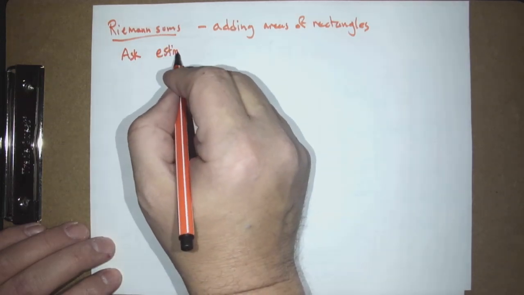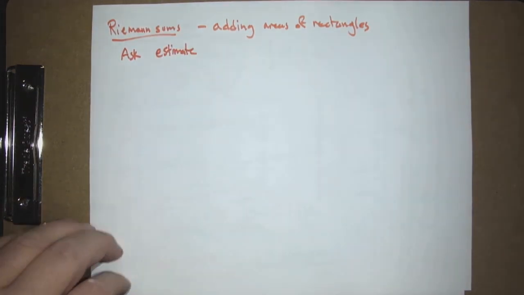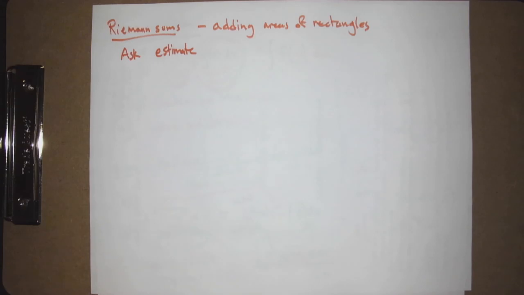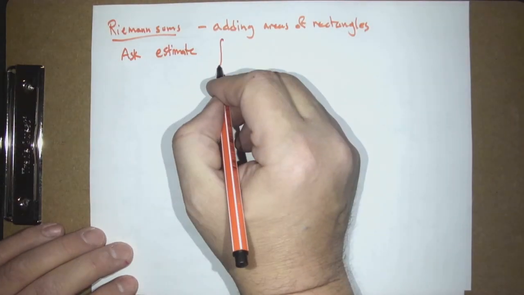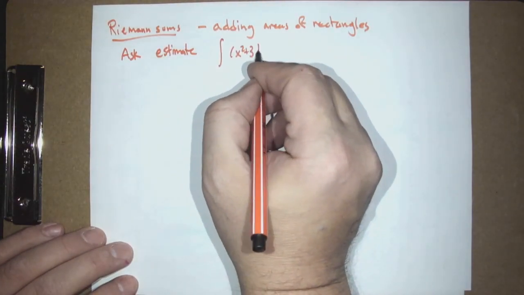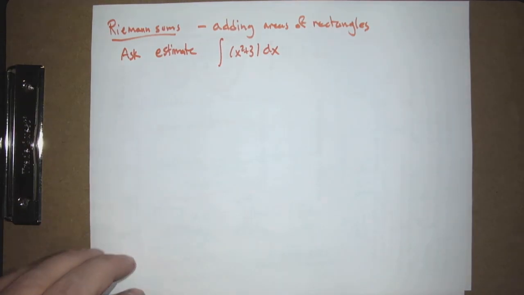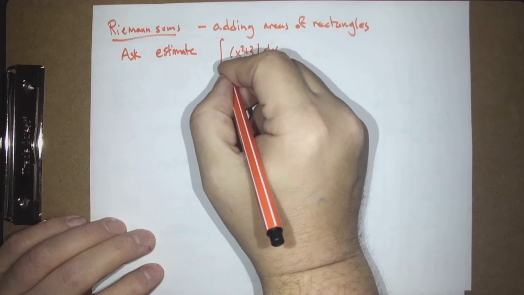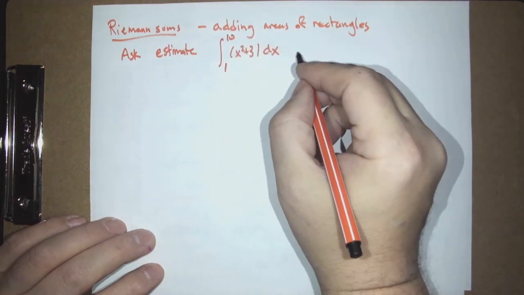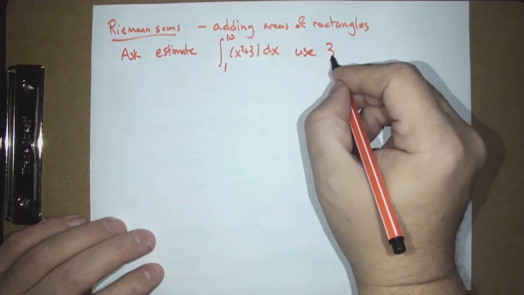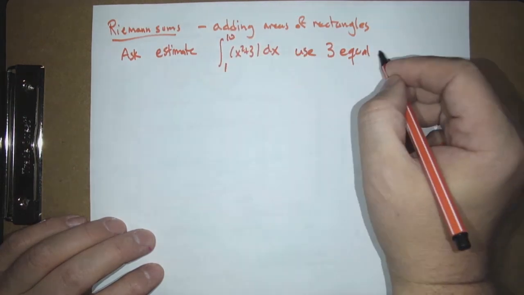So you might have a question that asks you to estimate an integral, right? Because Riemann sums are really estimates of integrals. So we're going to estimate the integral of x squared plus 3 from 1 to 10. Why not? And we'll use 3 equal length intervals.